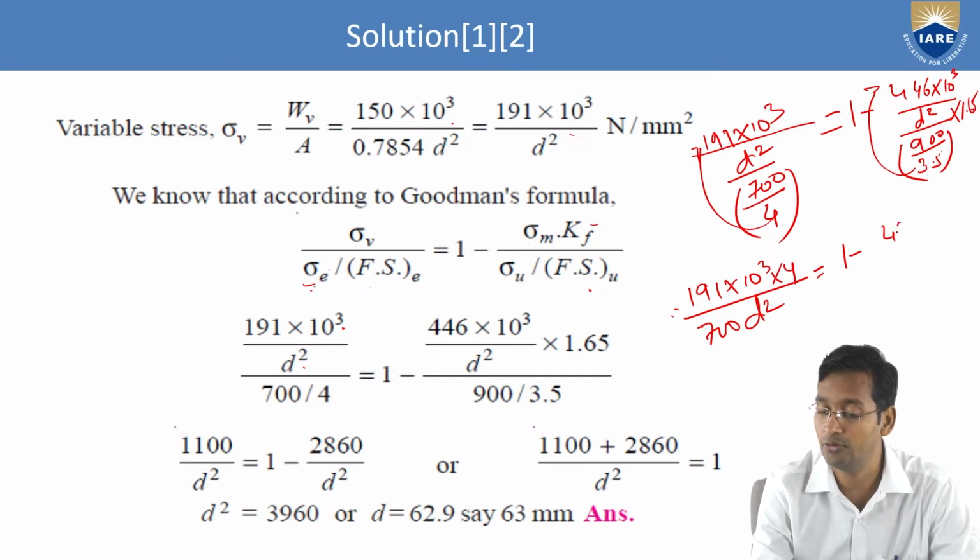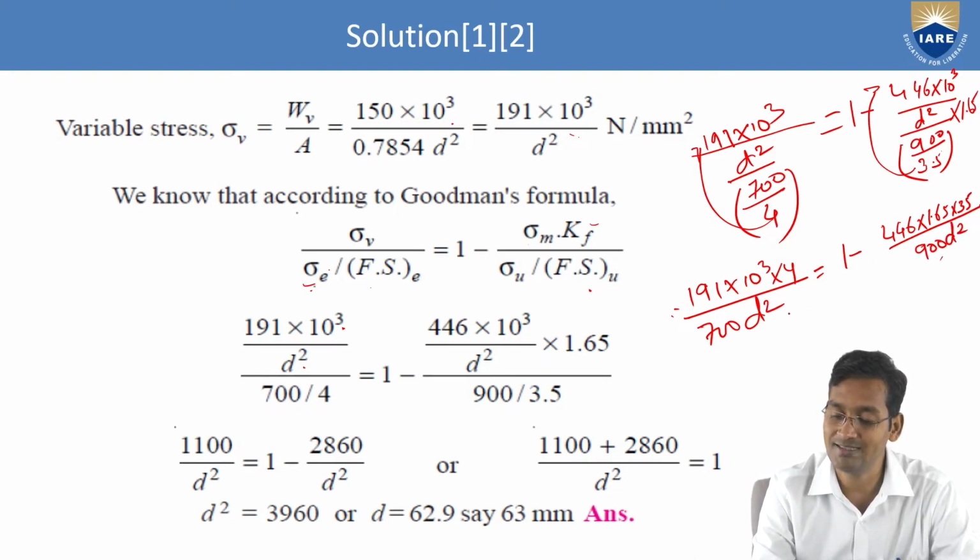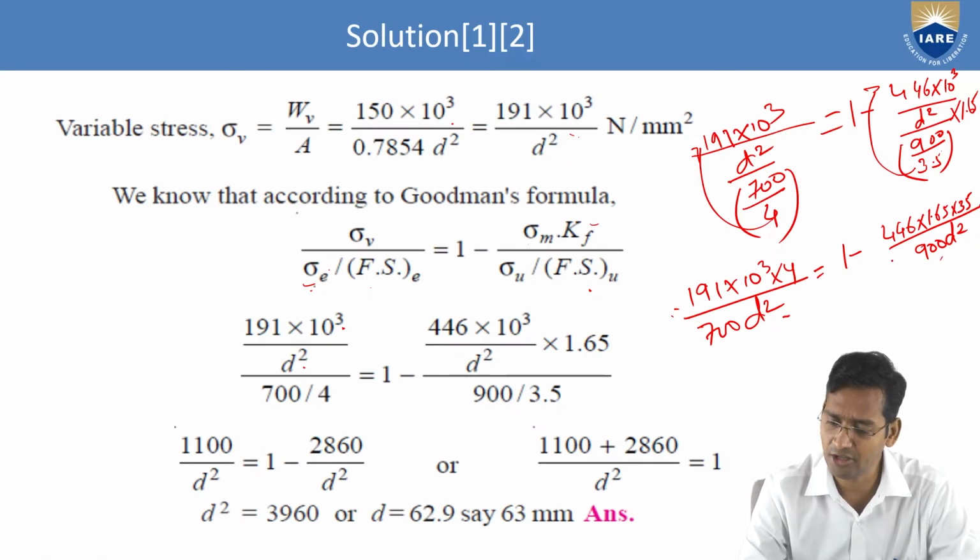So 446 into 1.65 already is there, into 3.5 divided by 900 d square. You can take this side, or you can further simplify. After solving this, multiply, just d square you can take common.